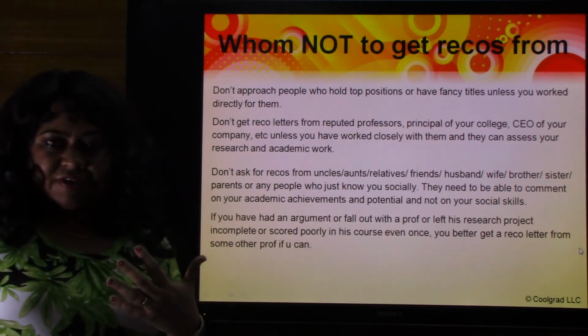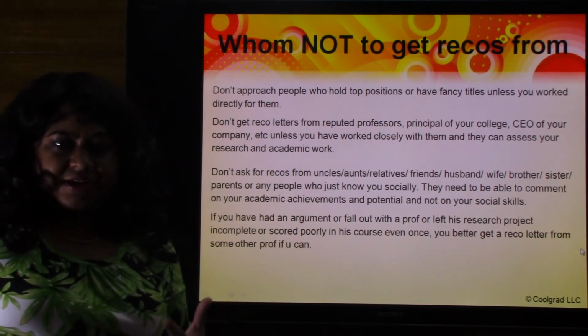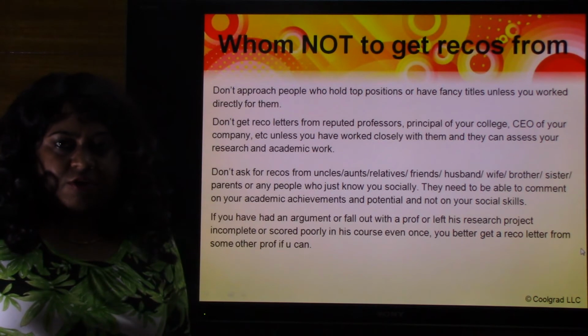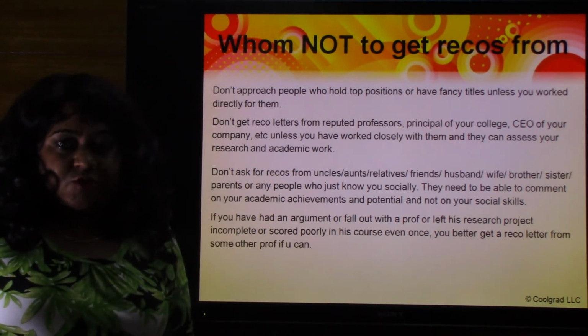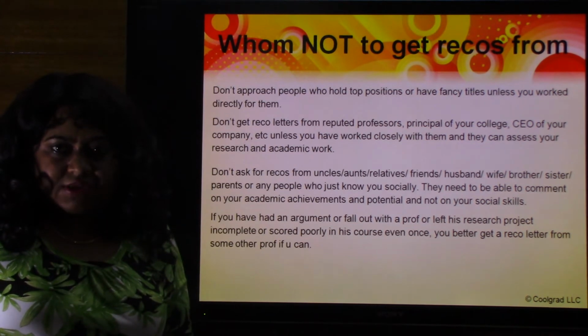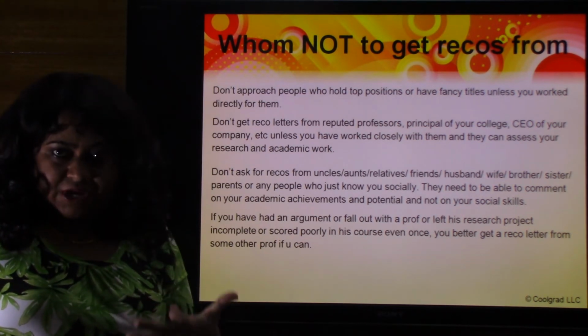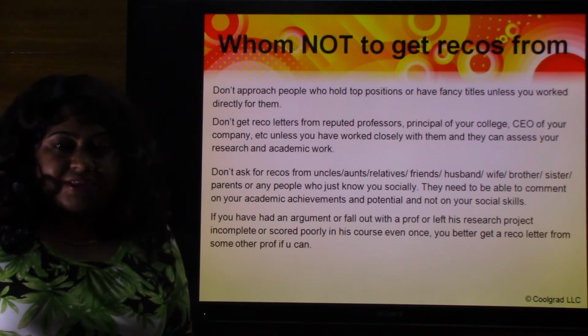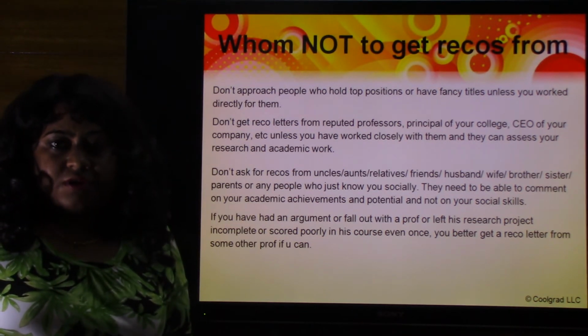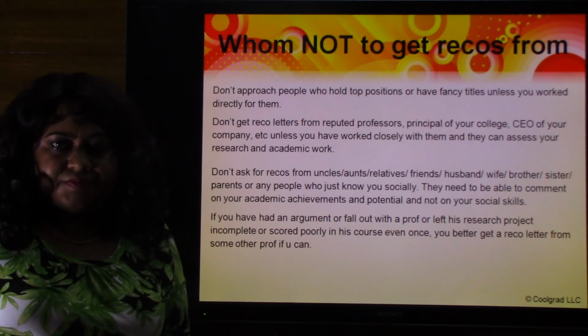And if you have ever had an argument with a professor, a nasty, bitter argument or a fallout, and if you're not on good terms with that person, you better not get a recommendation letter from that person. Even if they give you a good recommendation letter in writing, if the university calls them up to ask for further clarifications or questions, they might actually say something bad about you.